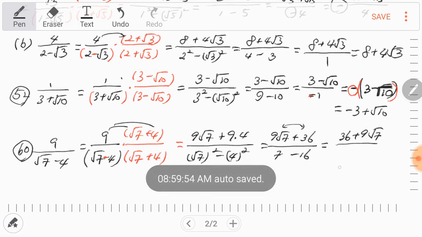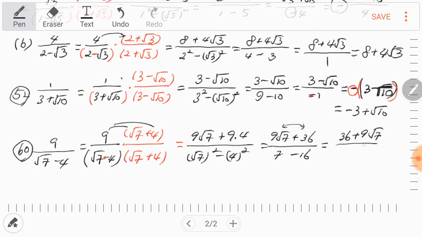And the denominator is negative 9, right? Negative 9. So we can move the negative sign outside. By the way, okay, let me write this one.